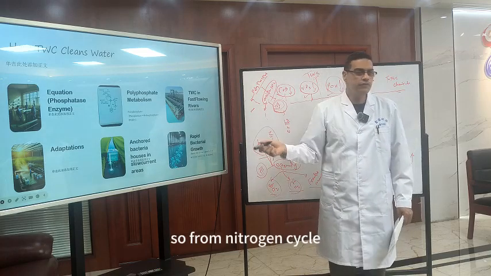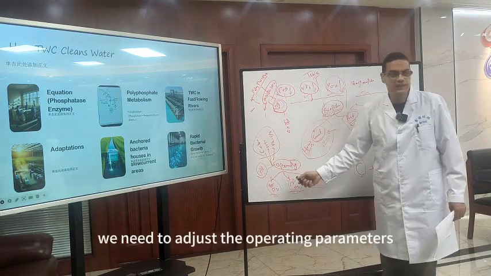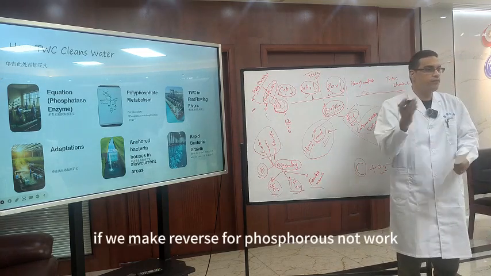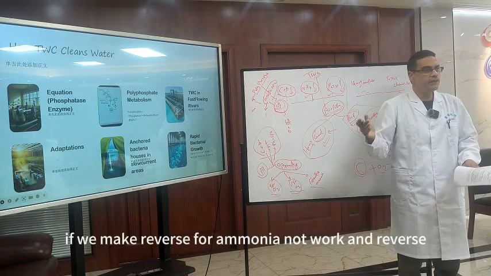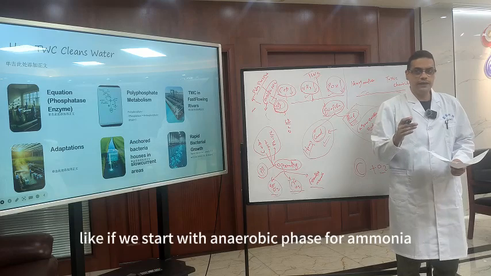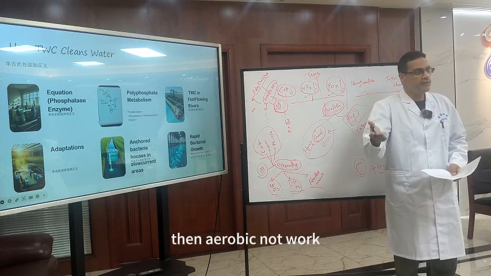So from the nitrogen cycle and from the phosphorus cycle, we need to adjust the operating parameters. If we make it reverse for phosphorus, it does not work. If we make it reverse for ammonia, it does not work. If we start with an anaerobic phase for ammonia, then aerobic, it does not work.